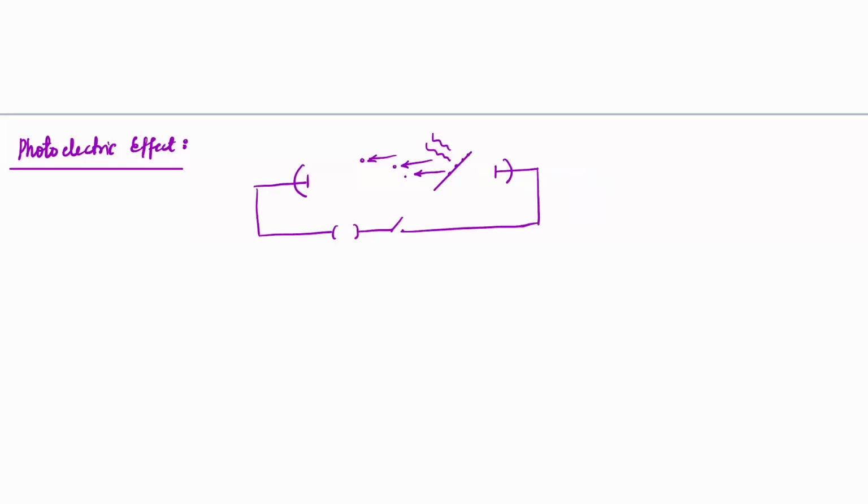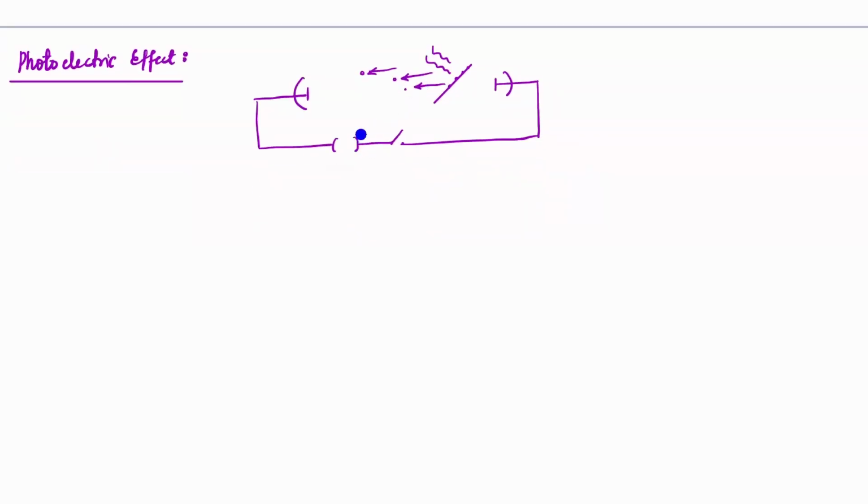So this phenomena where we are able to generate a voltage difference between the two electrodes using the electron flow coming from the surface of a metal is called the photoelectric effect.